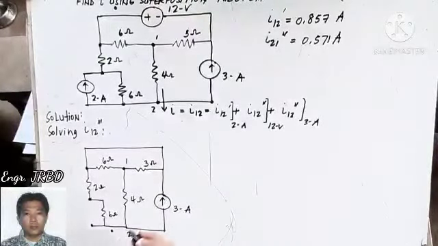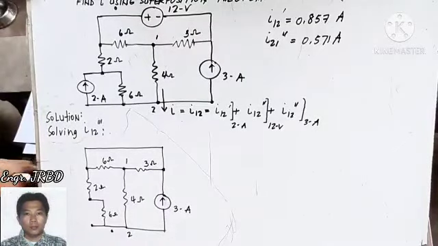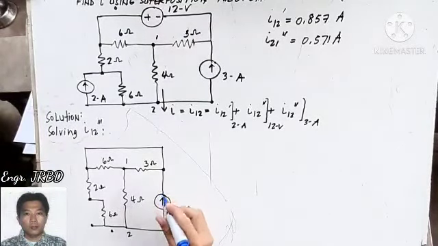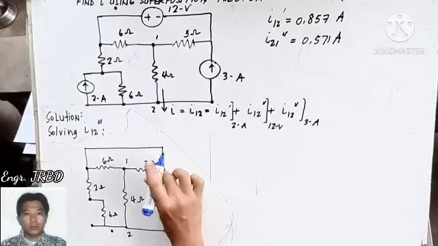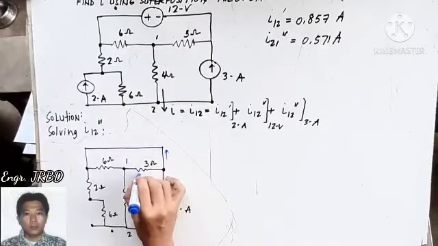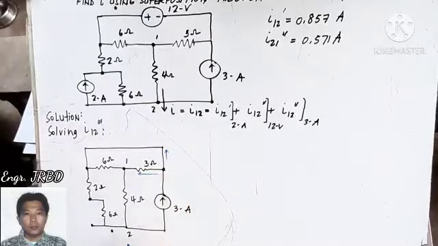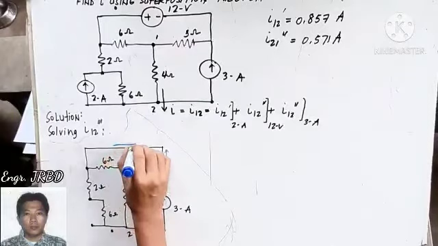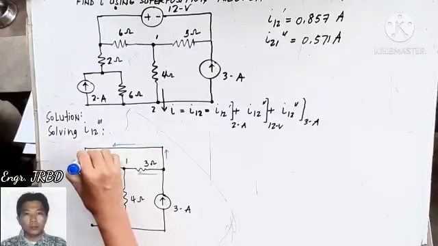If you will try to take a look on how the current direction takes its place, you may start from the source of 3 amperes. Once it reaches this point, it will split into 2 parts. One will go up, the other one will proceed from right to left. This one is right to left, it will go down.